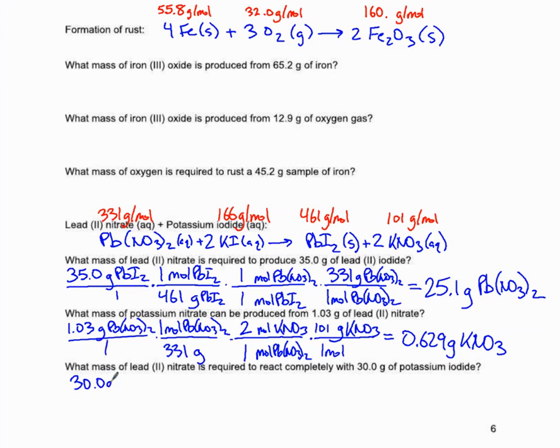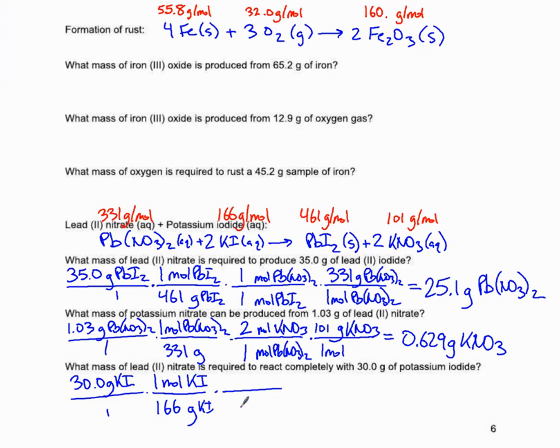So 30.0 grams of our potassium iodide. Remember, the first step is always to change it to moles. So we are dividing by the molar mass, 166 grams is 1 mole.